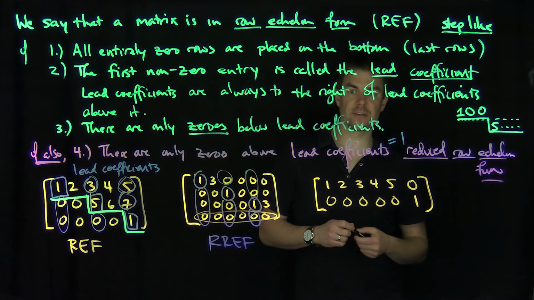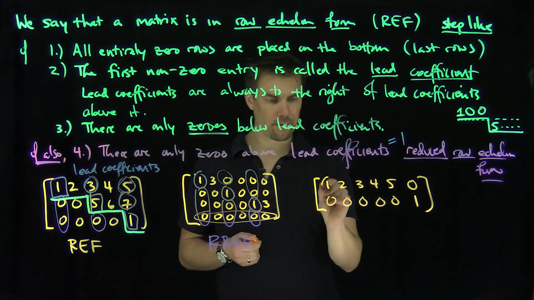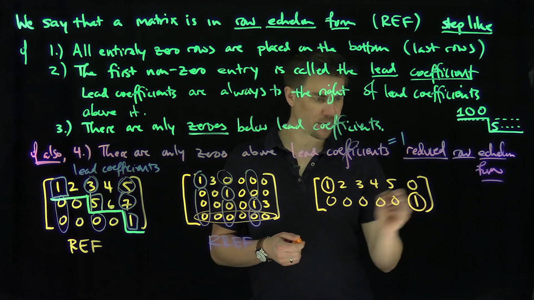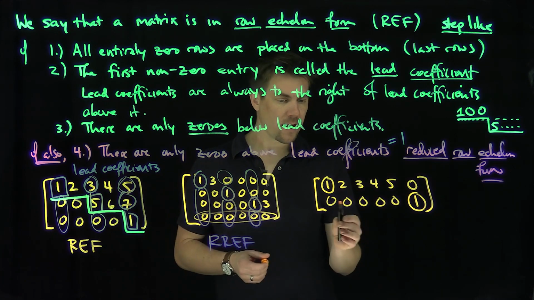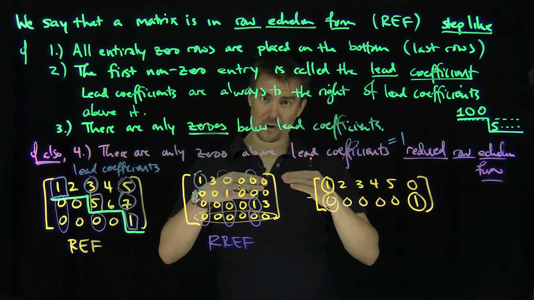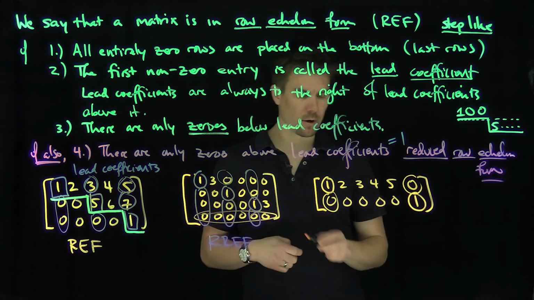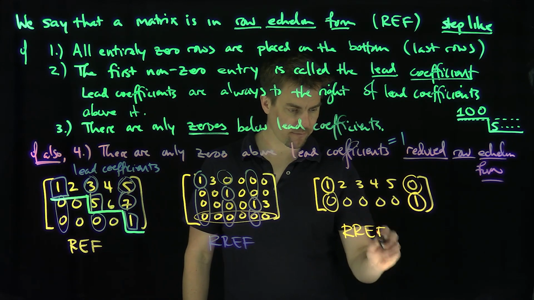This matrix over here, let's see if it's in reduced row echelon form, right? So what are my lead coefficients? My lead coefficient over here is 1, and my lead coefficient over here is 1. Okay, that's great. There's no 0 rows to worry about over here. And now below every lead coefficient, there's only zeros, and above every lead coefficient, there are zeros. So this matrix over here is in reduced row echelon form, right?